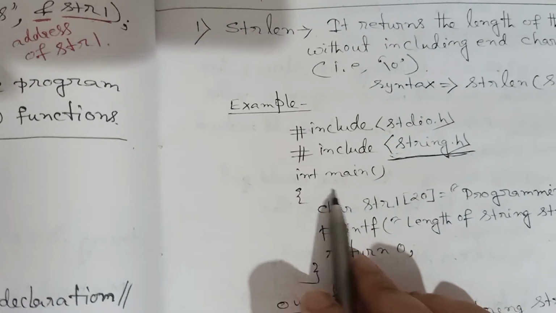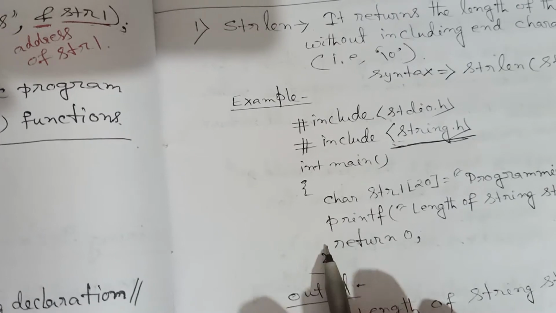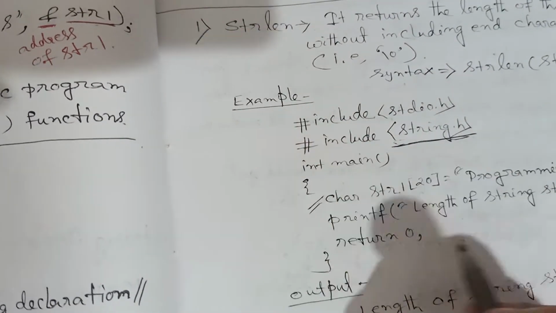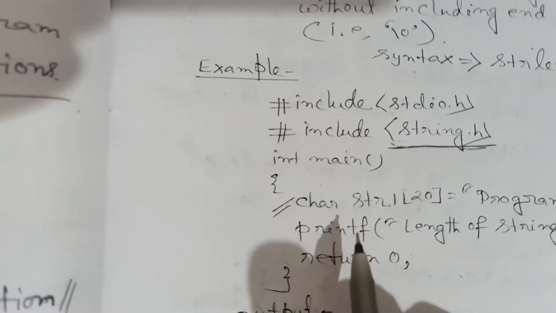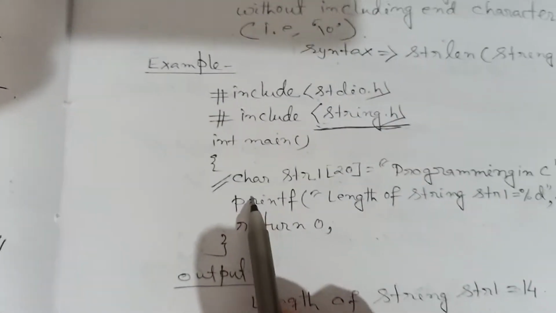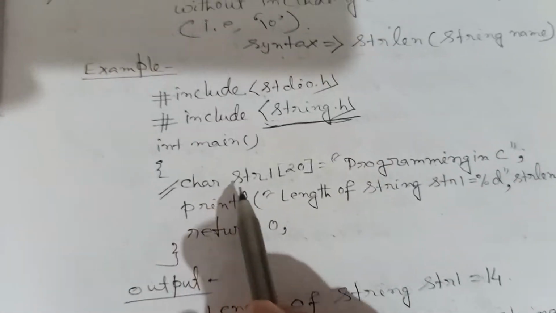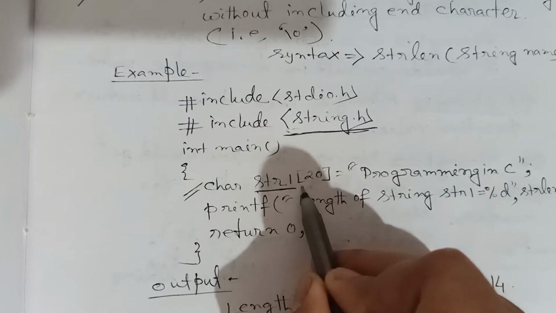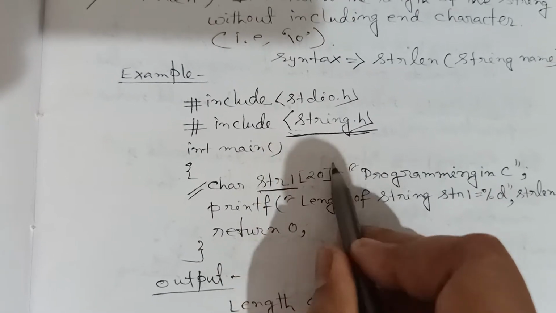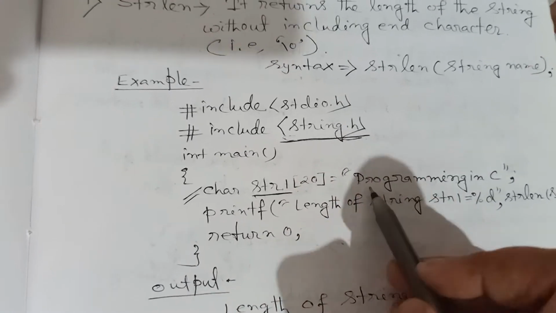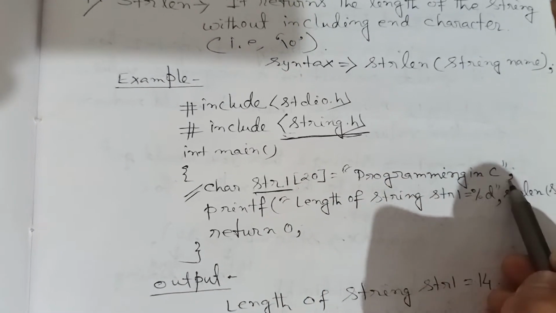Next, start the main function, int main, and declare the string. char str1 is the string name, then write the size within square brackets equal to the string. I have written here "programming in C".